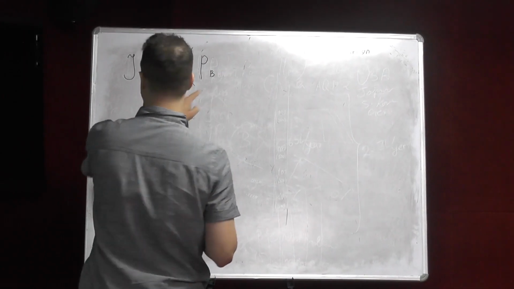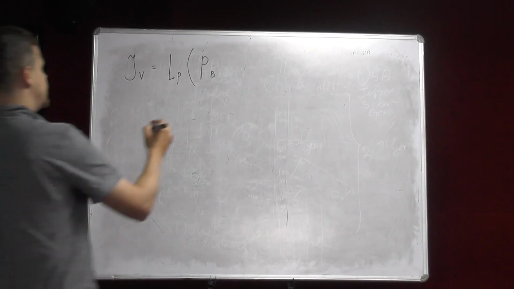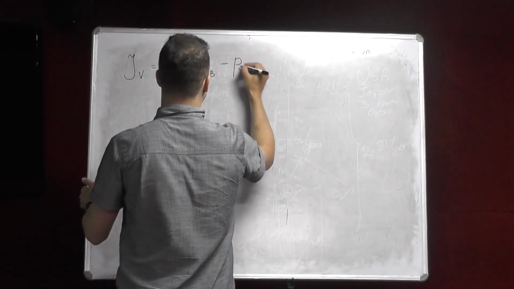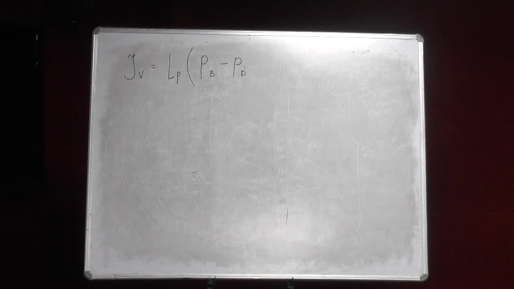Then we have the hydrostatic pressure created by pumps that pour the blood inside the dialyzer, and the hydrostatic pressure of the dialysis solution that goes from the opposite direction.